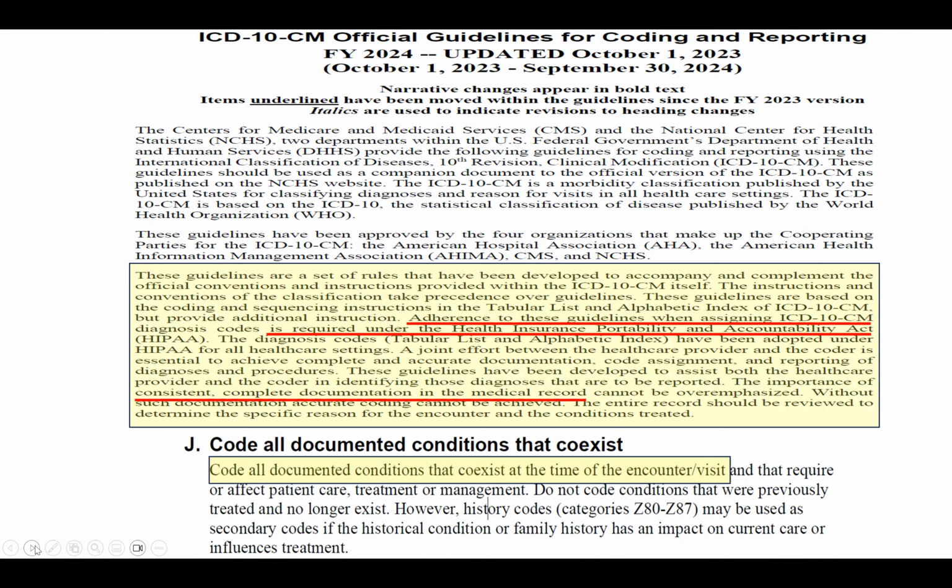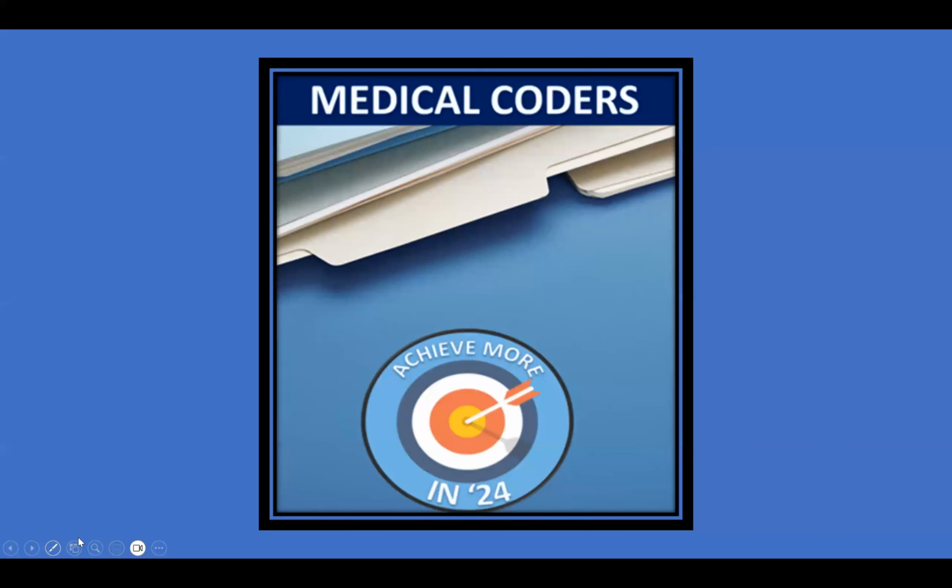Remember to code all documented conditions that coexist at the time of the encounter or visit with clinical support. And so that is the second PCP record, and we will see you in the next encounter.